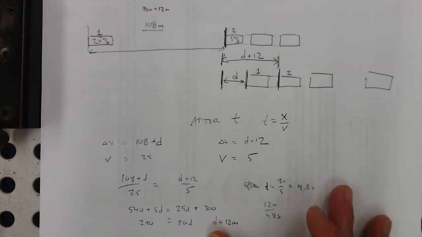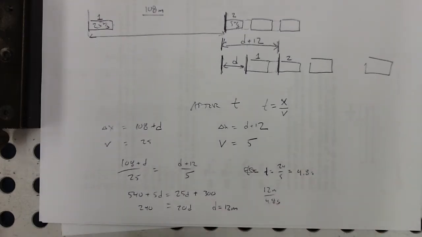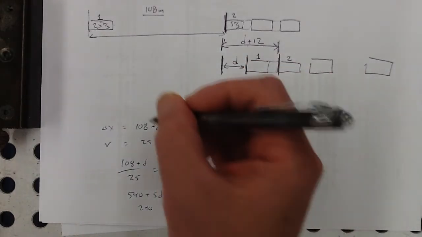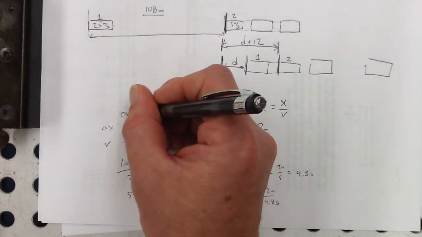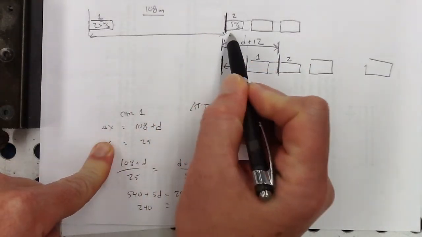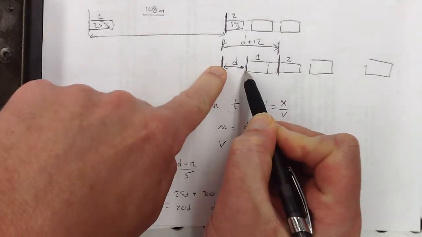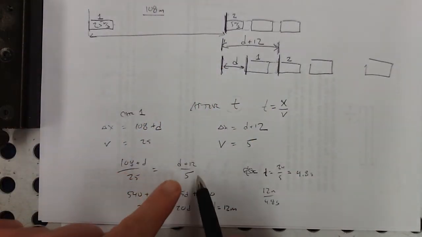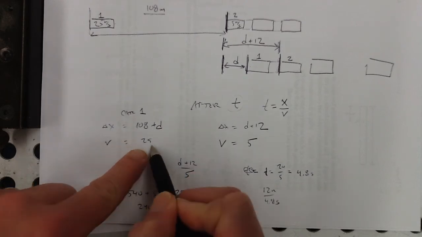So here's a similar little table to what I did in part 1. Again, it's going to take them the same amount of time. Car 1 is traveling that 108 meters plus D to get to here, and car 1 is at 25 meters per second.